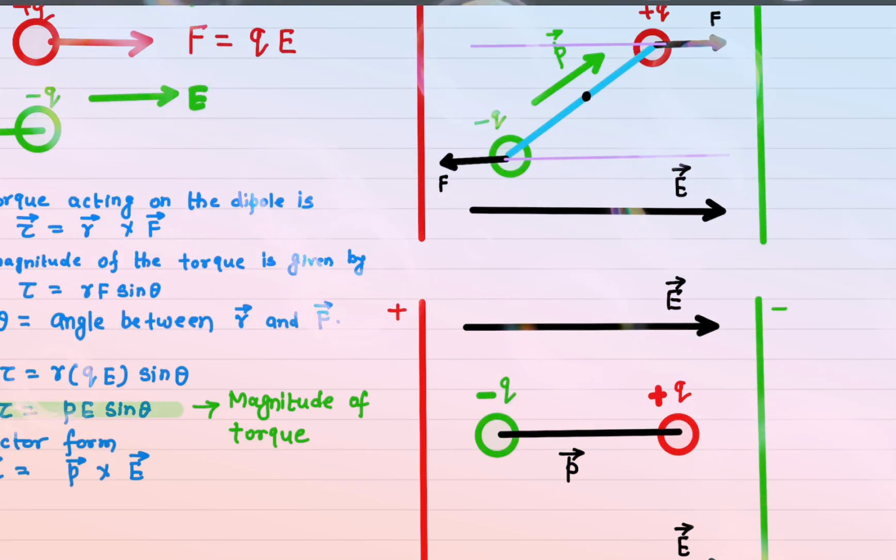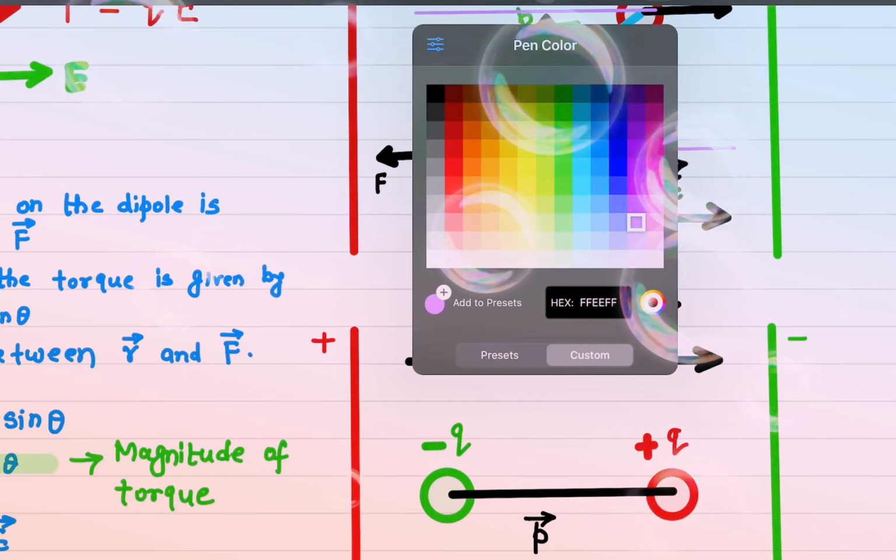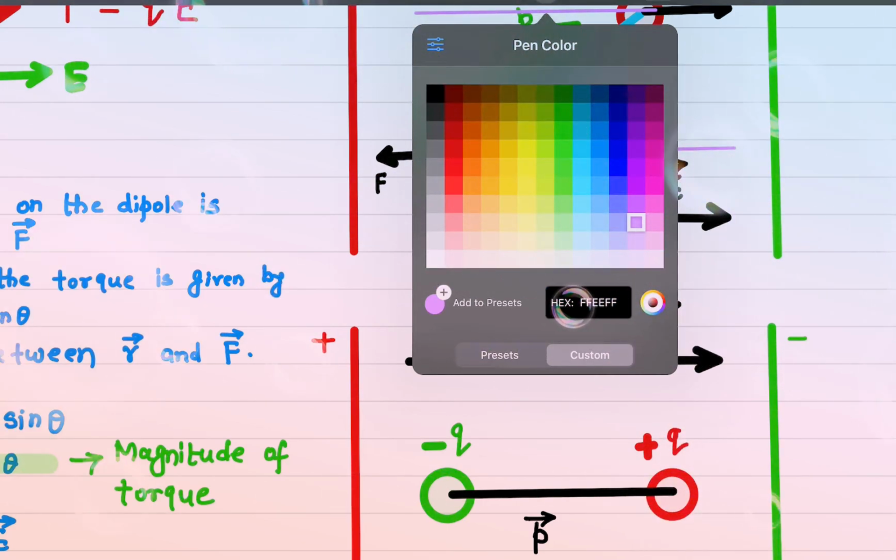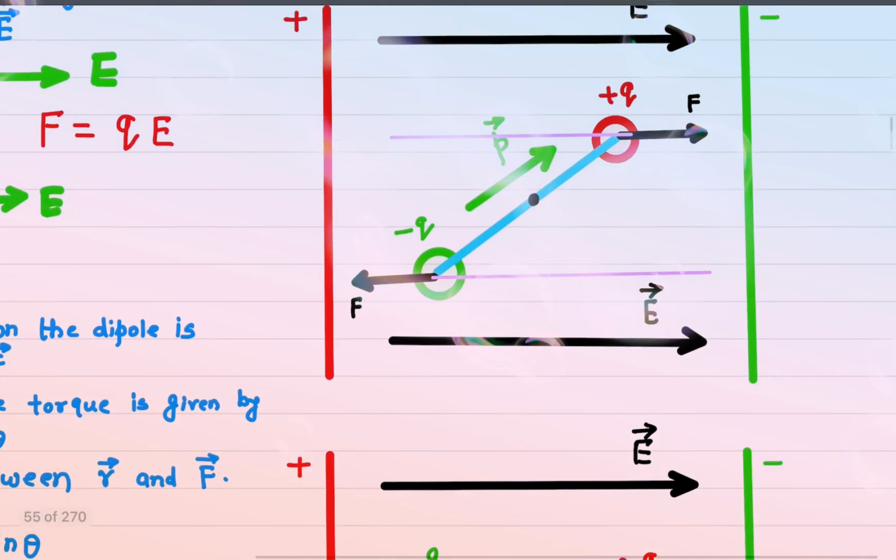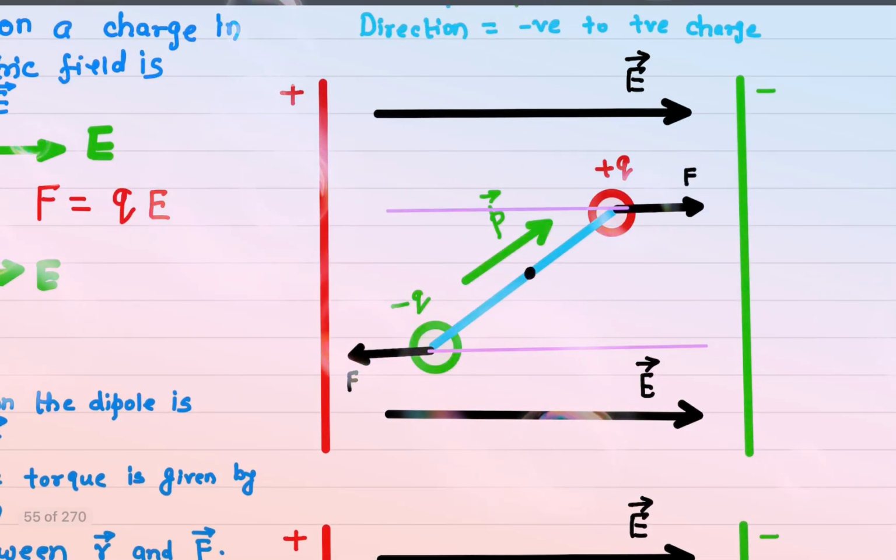So what does this mean? Let me draw in a different color. This is the perpendicular distance, and this length is R. This length will be R sine theta, and this length here will be R cosine theta, and this angle is theta.